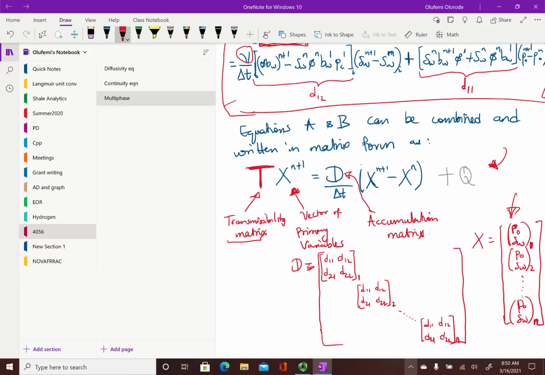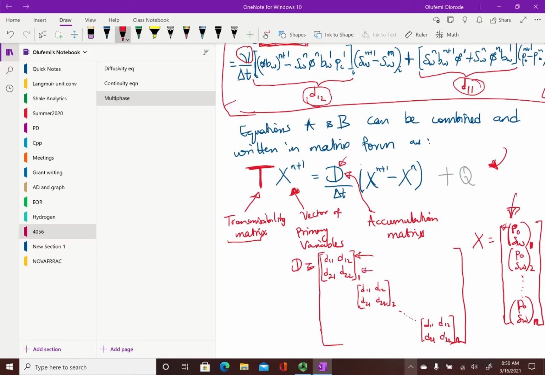So we move on to D. It's your accumulation matrix. Again, for all of the grid blocks, right? And for grid block 1 is the D11, D12 on the first row, D21, D22, which we had shown before. You see D12 and D11 correspond to the water equation. So we actually put the water equation first. So it's from the water equation we get pressure.